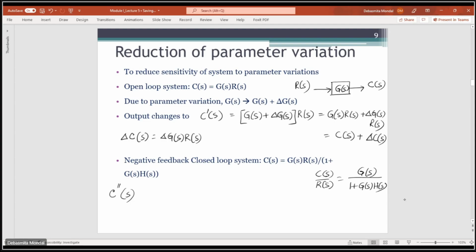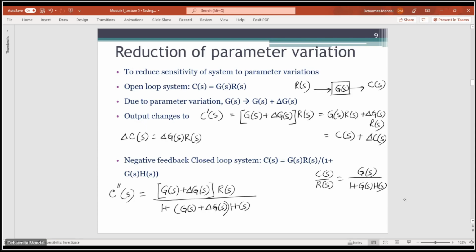C double dash(s) will be equal to G(s) replaced by G(s) plus delta G(s), into R(s), divided by 1 plus G(s) plus delta G(s) times H(s).